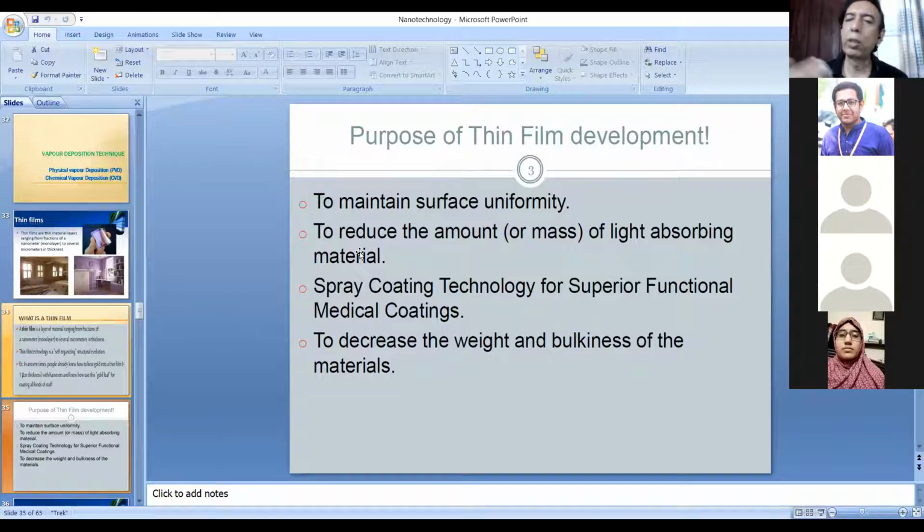Why? If you spray paint, you will get the surface uniformity. You will get the luster of color. So thin film is required to make the surface uniform.